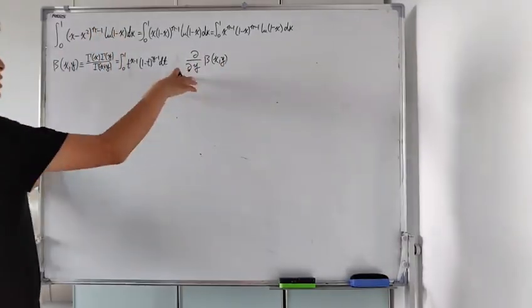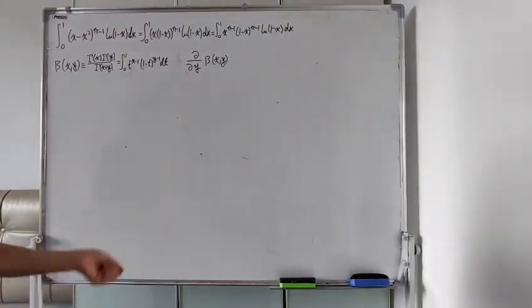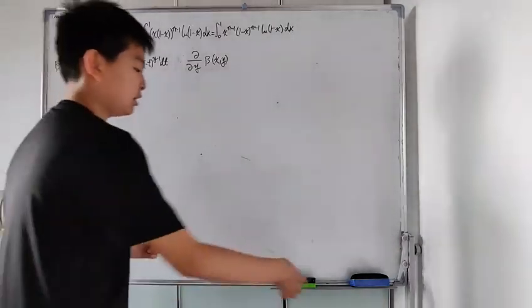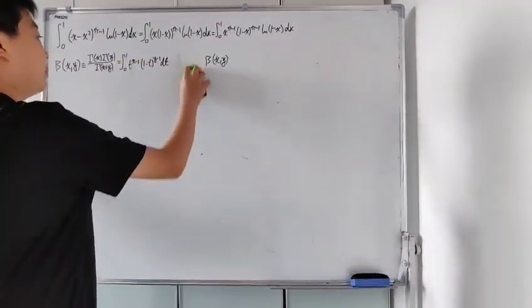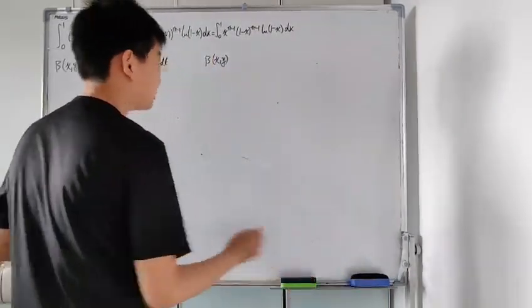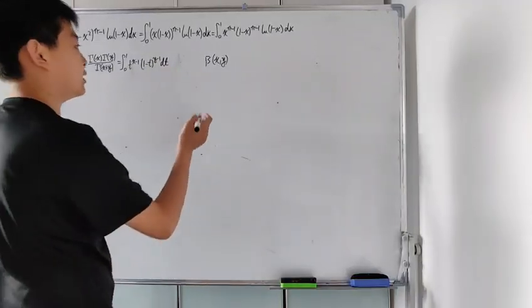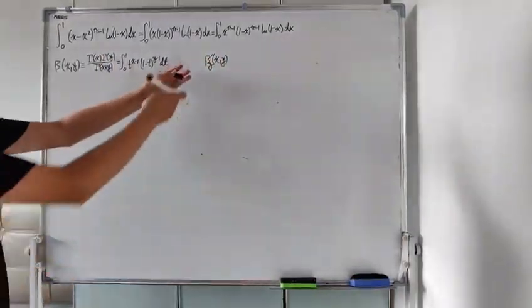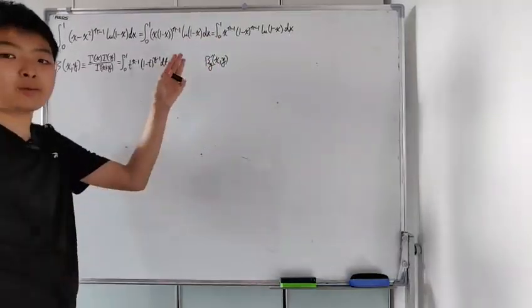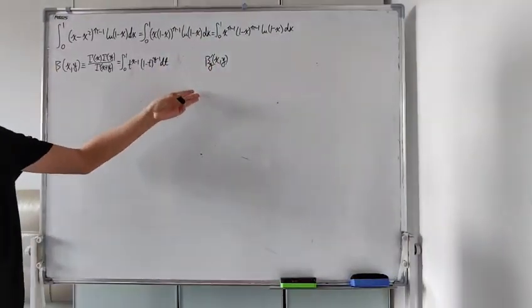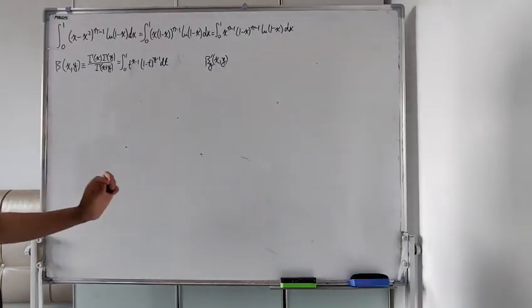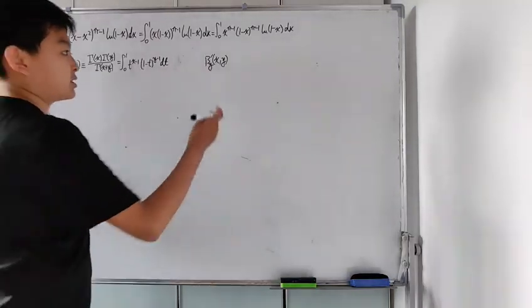Now this is a symbol that we'll probably be using for a while. I'm going to make it a little simpler by replacing this differential part with a prime and a y at the bottom. So if you see beta prime with a y at the bottom, it means the partial derivative of beta with respect to y, and that's probably going to be a lot simpler to understand and write.